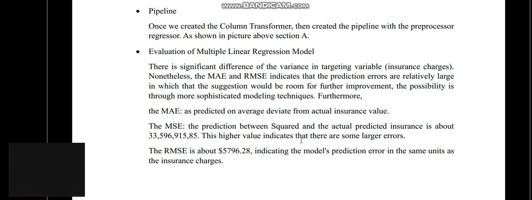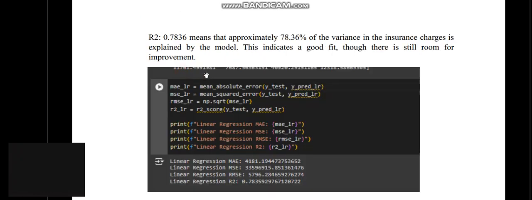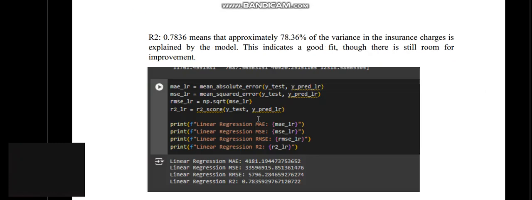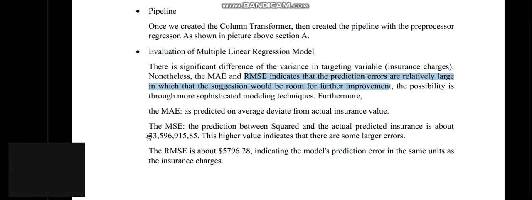This higher value indicates that there are some larger errors, as we just mentioned in the first paragraph. It indicates that the prediction errors are relatively large, so there is room for further improvement. So we have already discussed this.